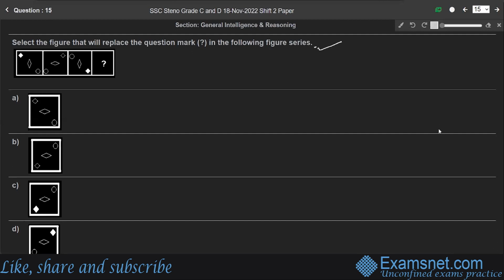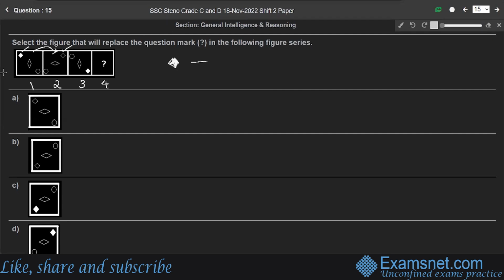Question 15. Select the figure that will replace the question mark in the following figure series. In the series, we have 3 figures. We need to find the 4th one. In the first figure, let us focus on this shaded diamond shape. This diamond shape is not shaded in the second figure, and its position also is changed.